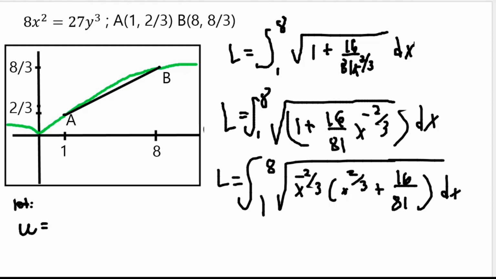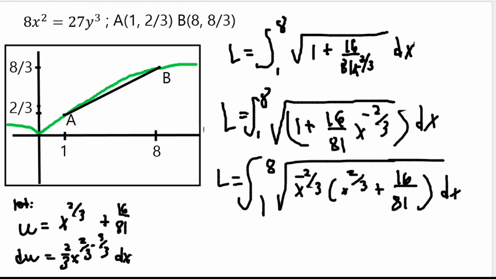So now let's use u substitution. Let u be x raised to the 2/3 plus 16 over 81. So let's take the derivative of both sides. This is going to be 2/3 x raised to the 2/3 minus 3/3. And then 16 over 81 is just going to be 0.